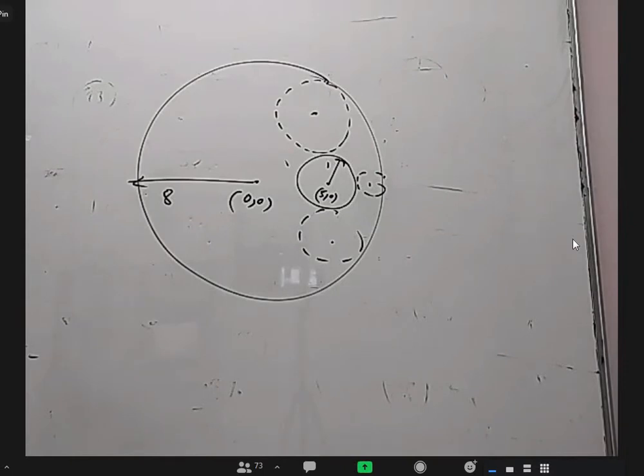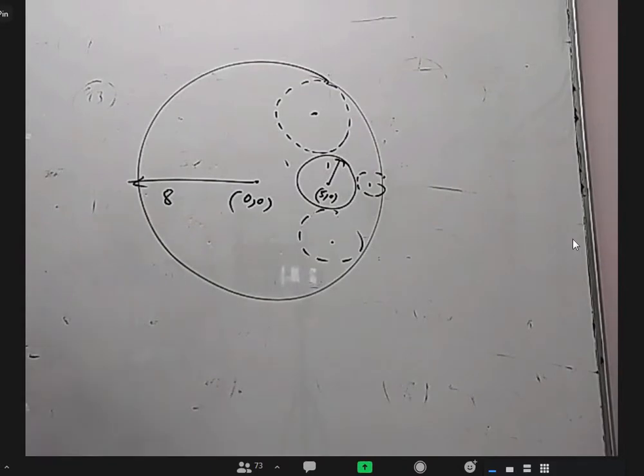Sir, 0, 0 and 5, 0 are foci, sir. Why? Sir, the bigger circle is touching internally, so the distance between that center and this will be R1 minus R, and between the smaller circle and that circle it will be R2 plus R. By adding both of them, we will get R1 plus R2. Yes, very good.